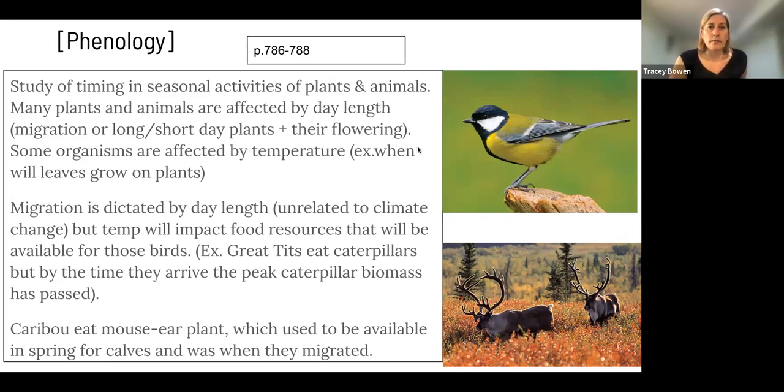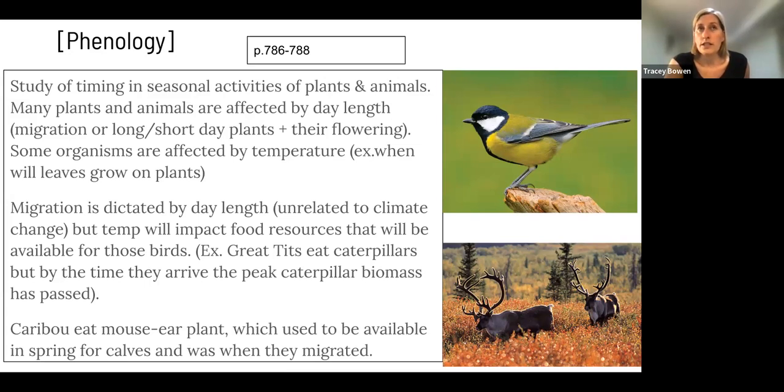Additionally, if we're thinking about temperature and how it affects plants, we sometimes see this in Finland as well. If we have a really warm snap in March, let's say, or early April, then the trees are all going to start budding and their leaves are going to come out. But then if it starts snowing in May, those leaves are going to really struggle, and the trees are going to really struggle because the leaves become damaged in the snowfall, and then they can't photosynthesize properly.